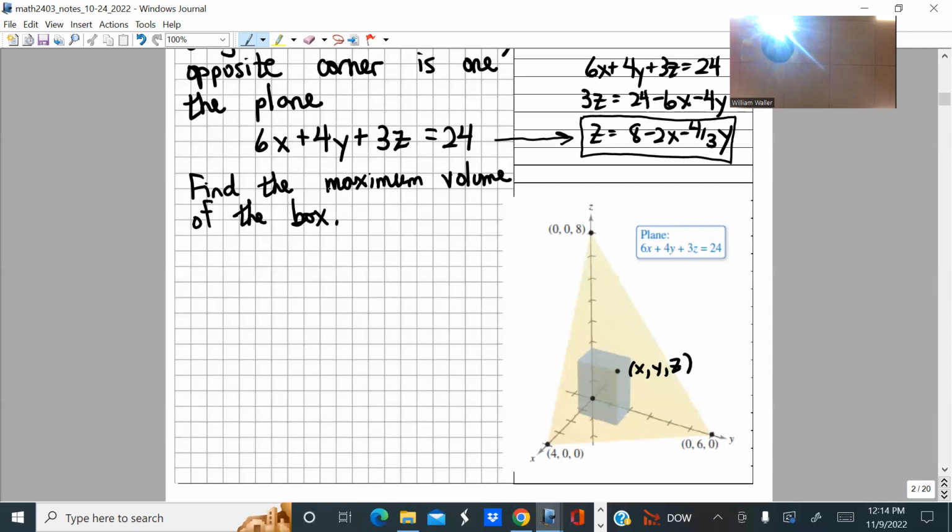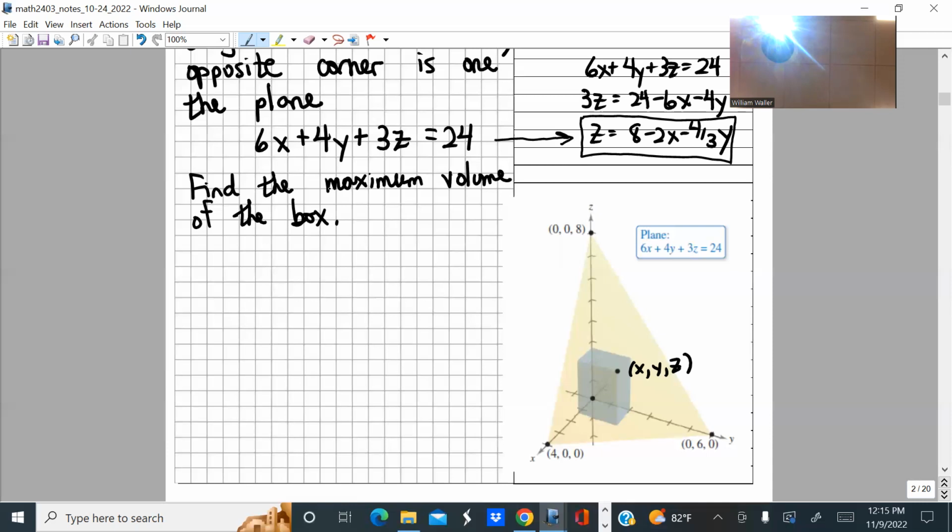Maximum volume. So you have lots of places, but out of those infinite places, we should be looking for the maximum.